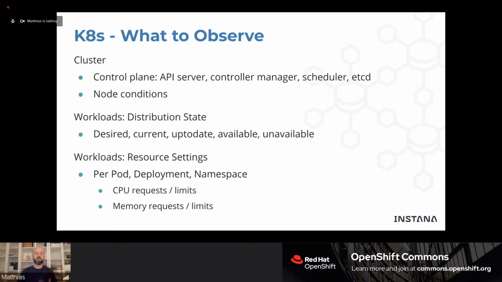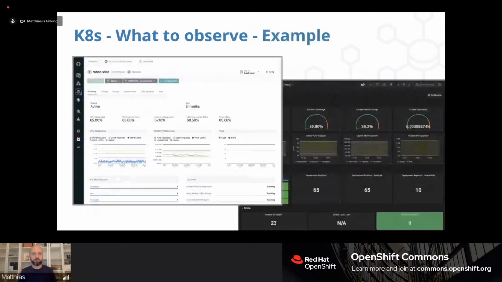And if something is going unavailable, is that still within my budget, or is that something I need to consider? On the workload side, for the scheduler to run and make sure the workload is distributed, we have requests and limits. We need to take these into consideration in context with the others to make sure we've got that covered. All right, again, two examples here.